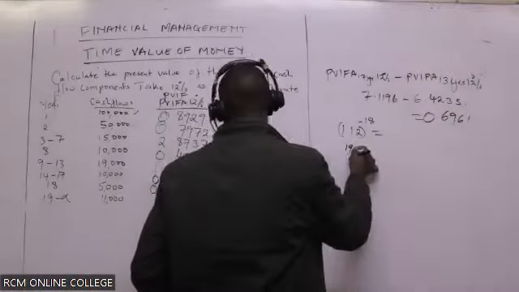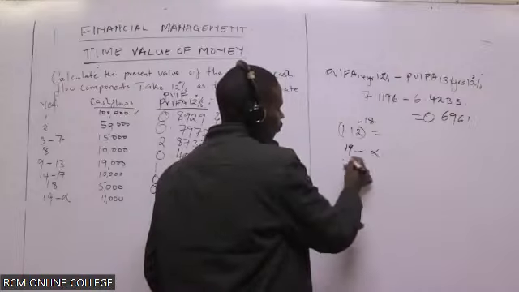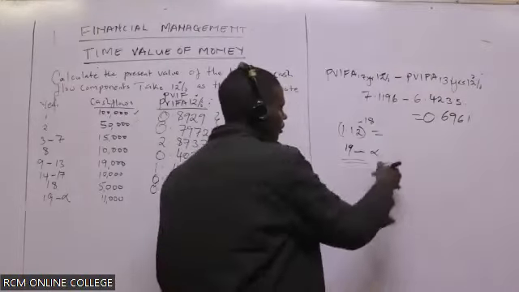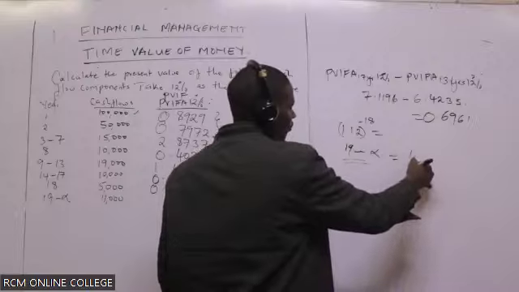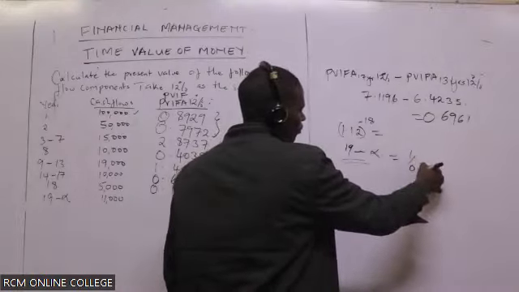I see 19 years to infinite. We said to get the present value of infinite, the present value is 1 over R. R is 0.12.